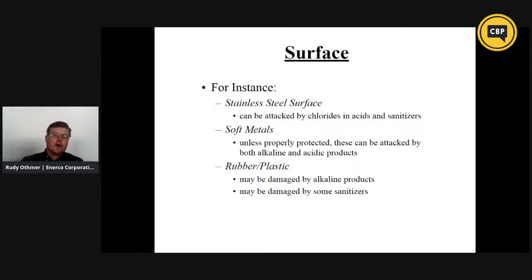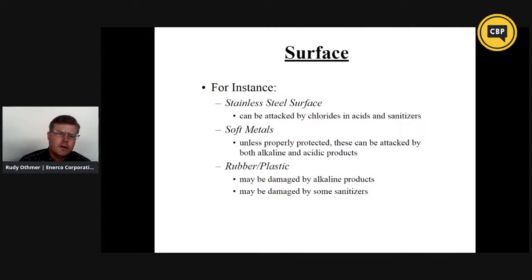A couple ways that you can damage things. Stainless steel can be damaged by high chlorides, either in a product where they picked the wrong acid for the application, or if you're using a halogen-based hypochlorite bleach sanitizer, you can damage your stainless steel surface.